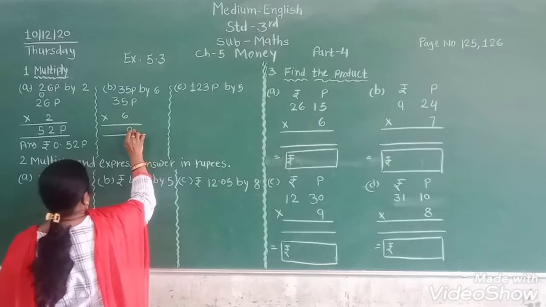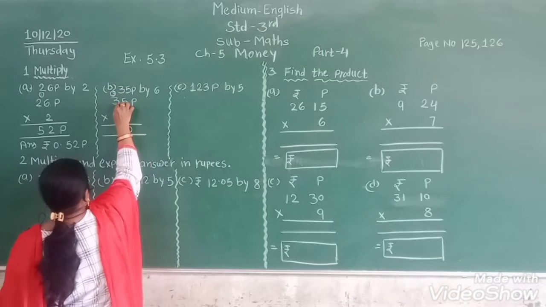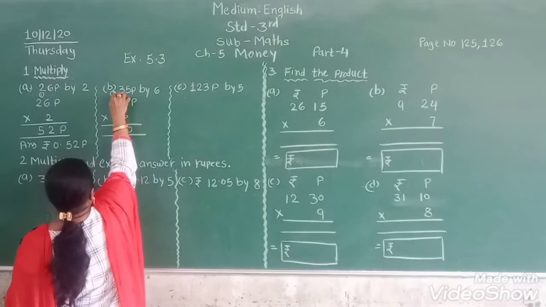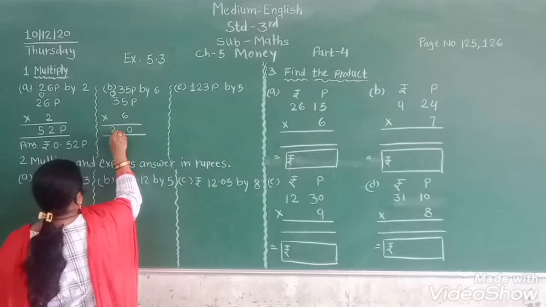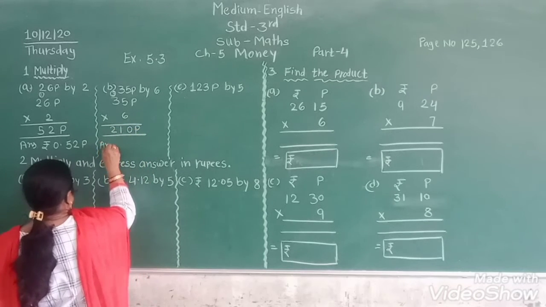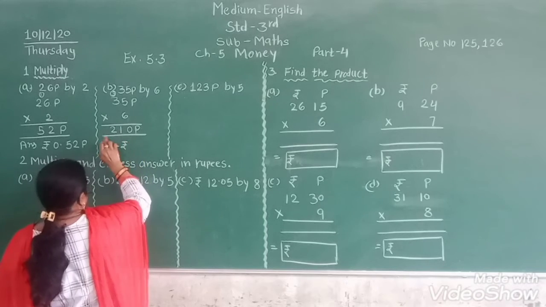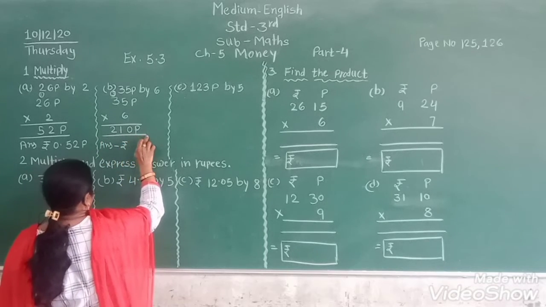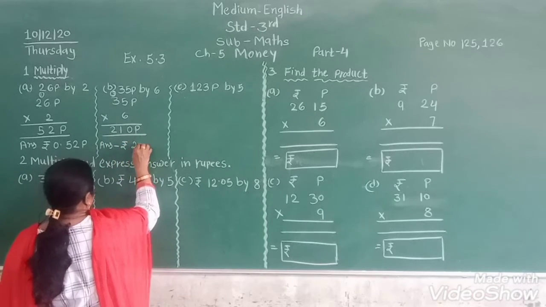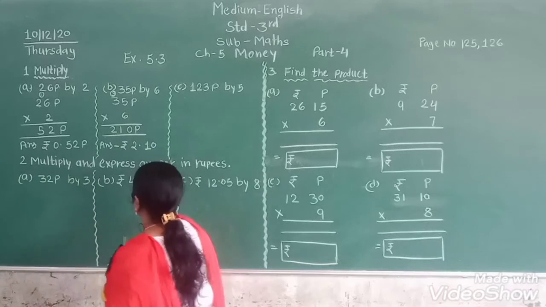So we write 0 here. 3 carry over. 6 3s are 18, 18 and 3, 21, 210 paise. Answer, we write in rupees. 210 paise, so rupees 2 and 10 paise.